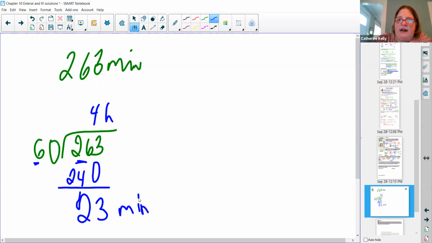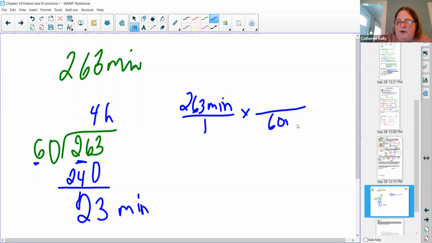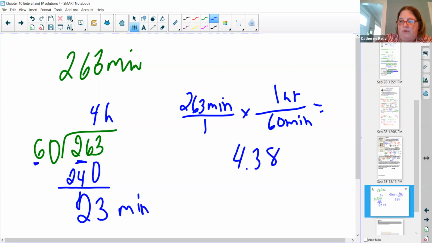If you want to do dimensional analysis, you would have 263 minutes over 1 times 1 hour over 60 minutes. And you get 263 divided by 60. It would be 4.38333.